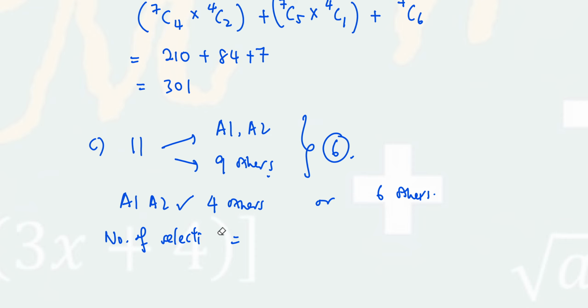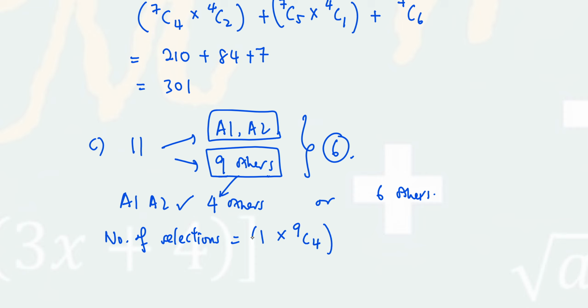Since A1, A2 are selected, there's only one way to do it. Followed by, I have to choose another 4 others from the 9 others over here. That means it will be 9C4. If you need to skip the 1, it's okay.